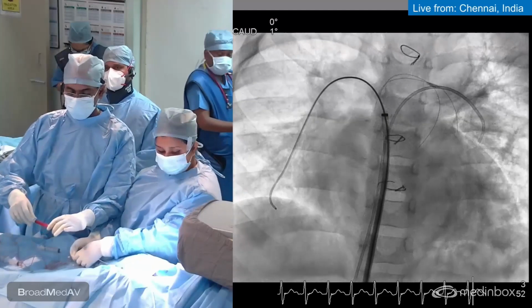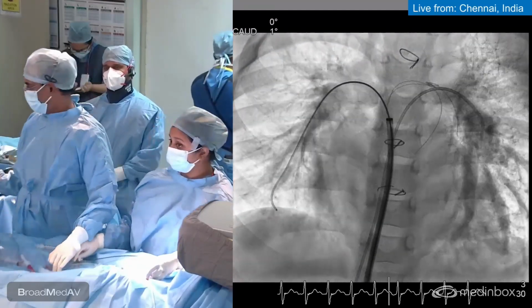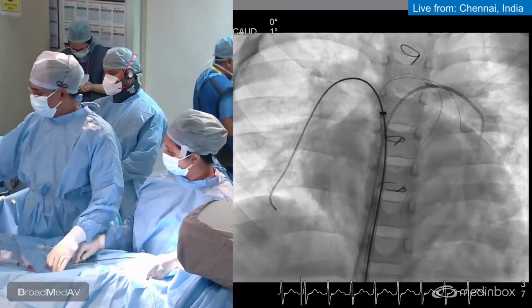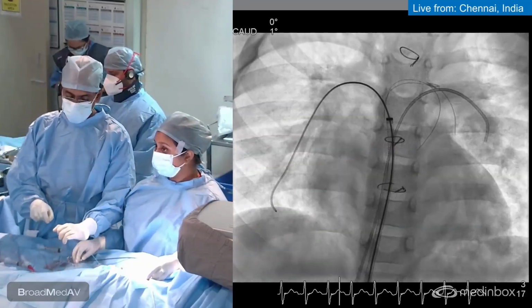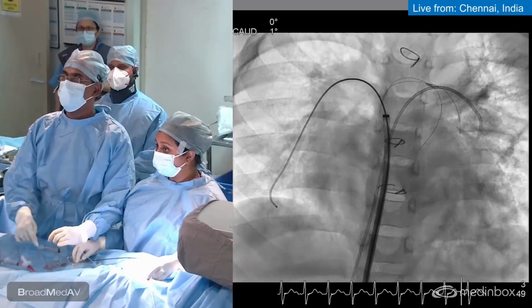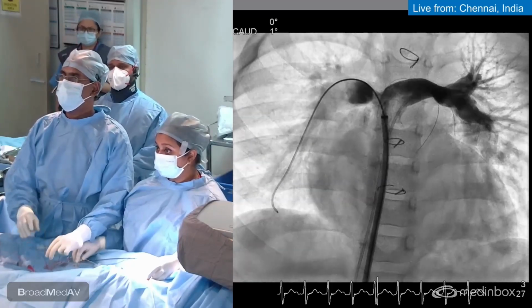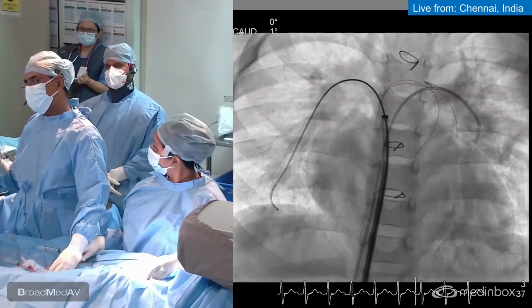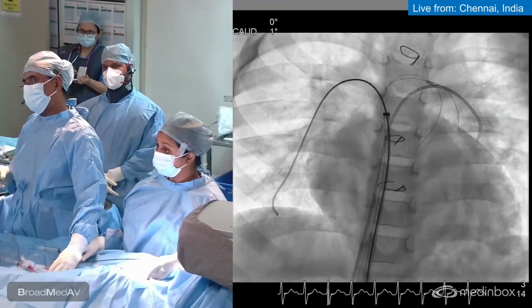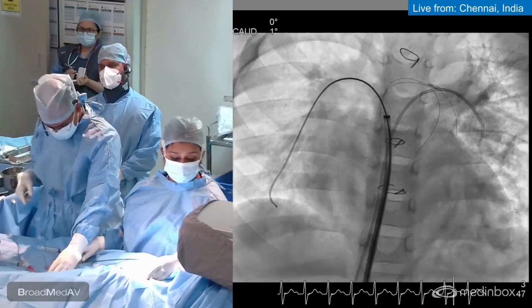Now we'll take the thermovire and go deeper into the left pulmonary artery. Here you see, Pramod, the left pulmonary artery narrowing is not getting visualized. It's seen more in the mid left pulmonary artery. Can you see that? Yes.